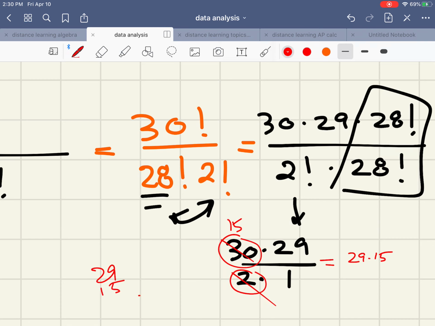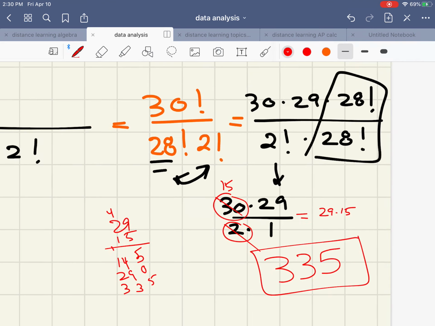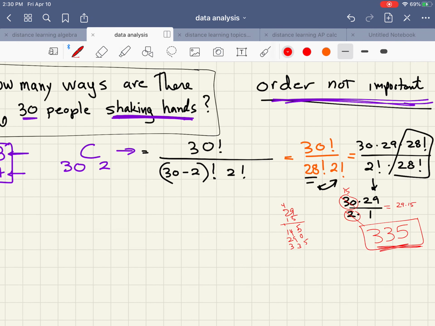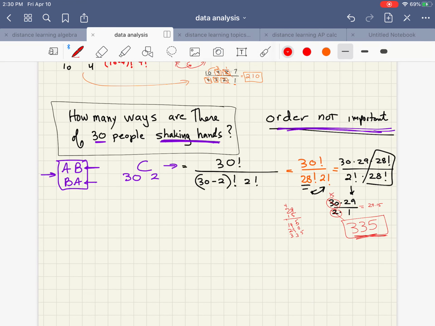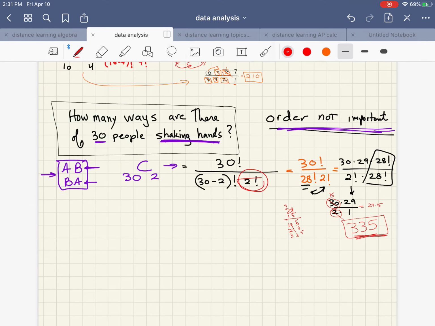So I have 29 times 15, which is 435. So 435 different handshakes will happen with 30 people. And that is combination. Essentially what's happening with that r factorial here is there are all kinds of groups that are going to double up.